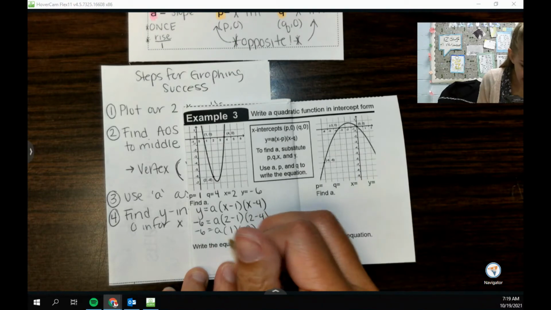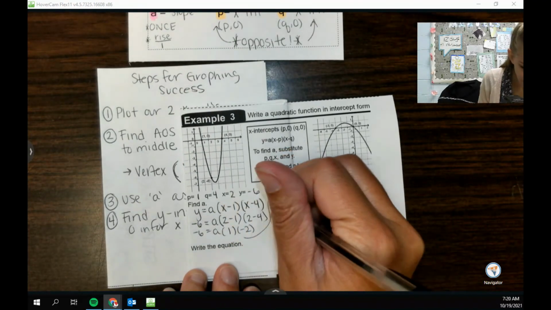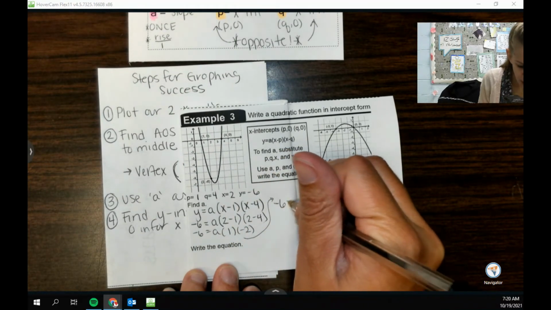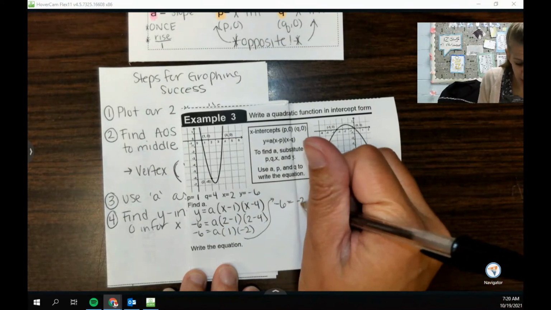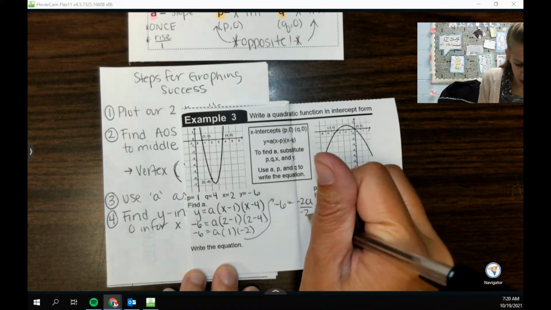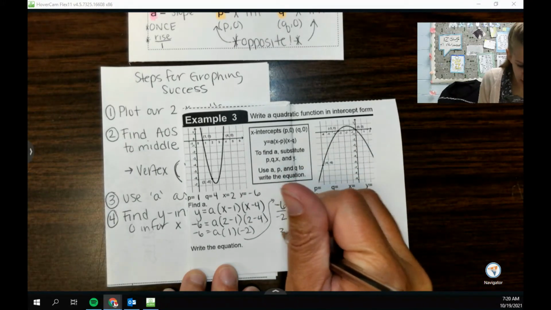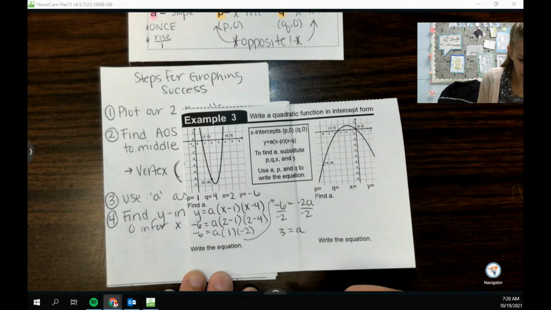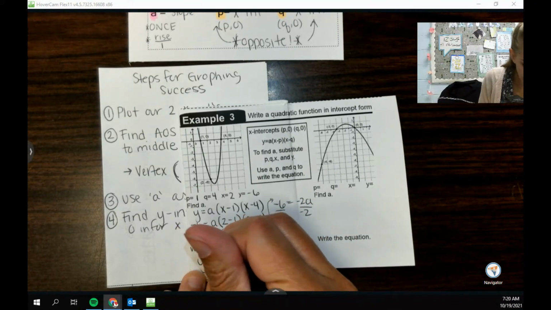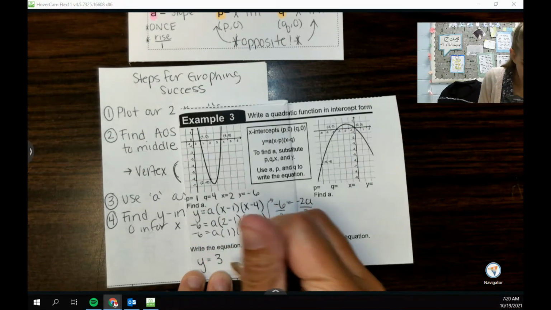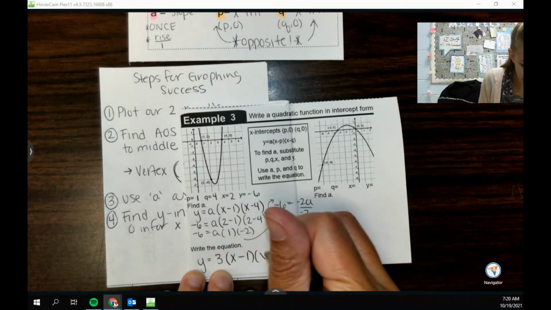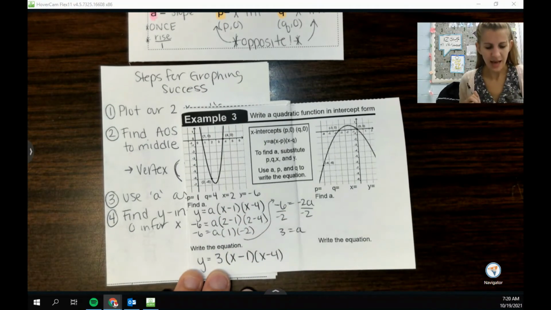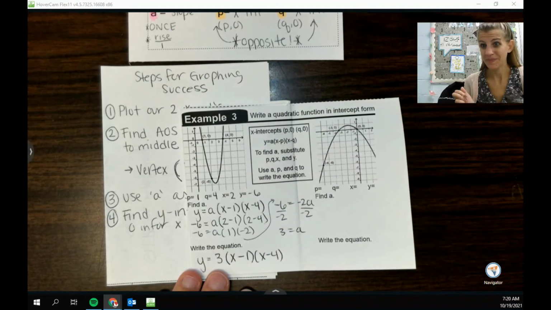And so I end up with, on this side, negative 2 smushed up against an a, so it's like negative 2a. And then we're going to solve for a by dividing that away. And so a is 3. And so now that I know that, I can rewrite my equation with my a value filled in. So 3 parenthesis x minus 1, x minus 4, because those were my x-intercepts.